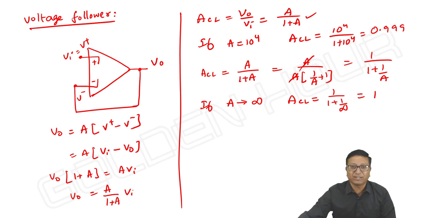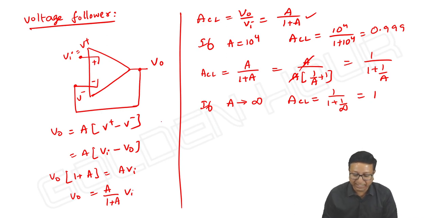Okay, this is the idea here. Due to virtual short, approximate method is not required actually for this circuit.